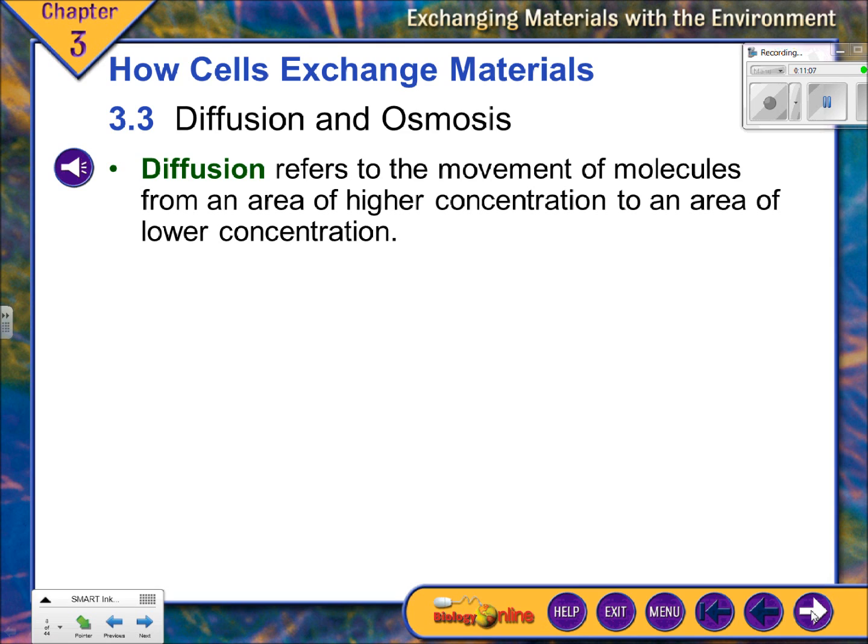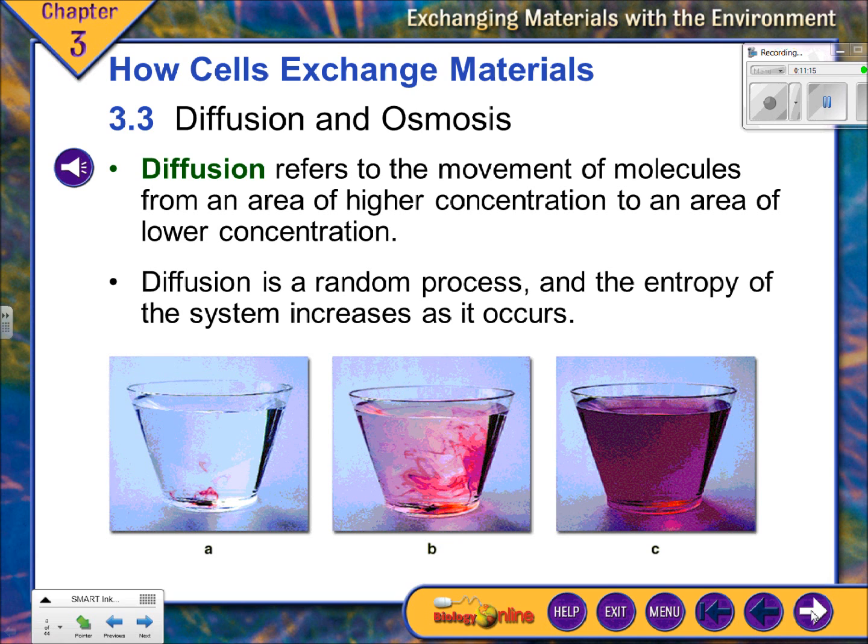The membrane makes some sense, but what's going to make things move through it? Diffusion, you guys. Now, diffusion, you see it occurring like in this cup right here, and diffusion is just molecules moving from an area of high concentration to an area of low concentration.